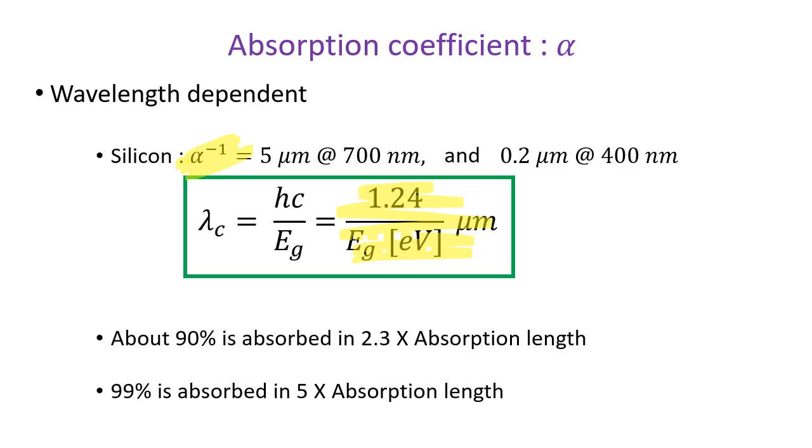So all that one is asking is, how much energy is going to be absorbed as you propagate further down into the silicon material, for example. And if you travel 5 times the absorption length, then 99% of your input signal is absorbed. So that's a way to think about the absorption coefficient and the length scale associated with the process of absorption.